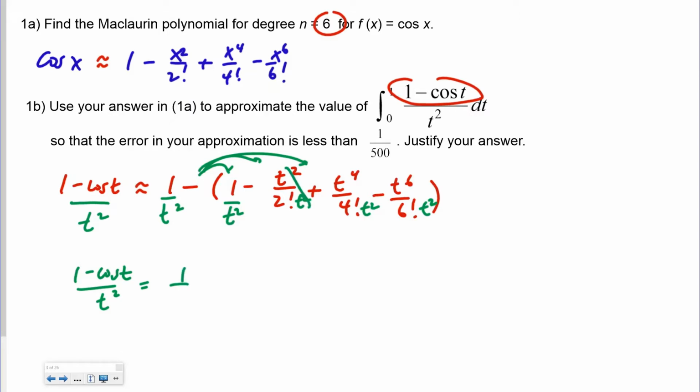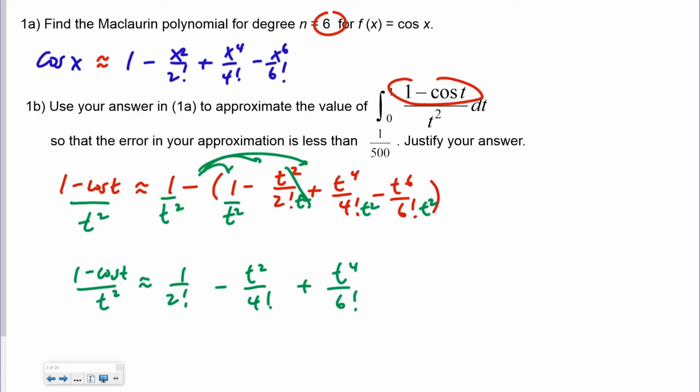So I get 1 over 2 factorial minus, these t squares are going to cancel out, so I'll have t squared over 4 factorial plus, because that's negative, negative, and this will be t to the 4 over 6 factorial. Okay, so that's what I get for 1 minus cosine t over t squared.